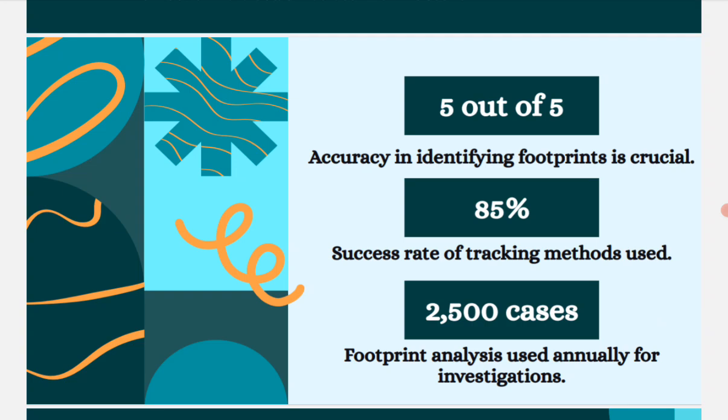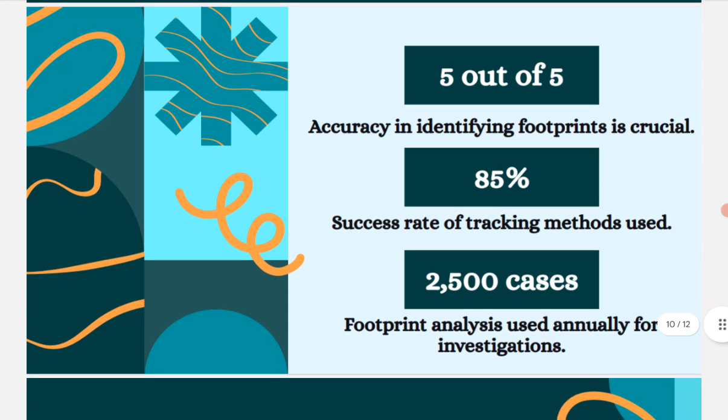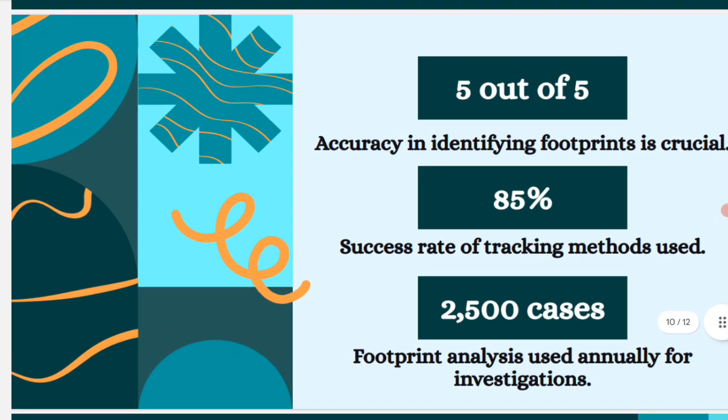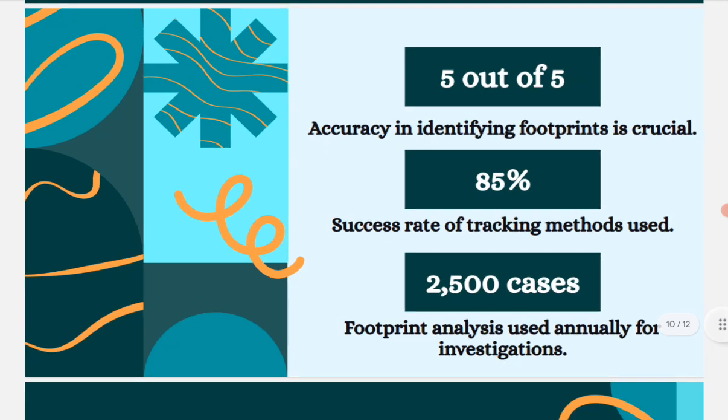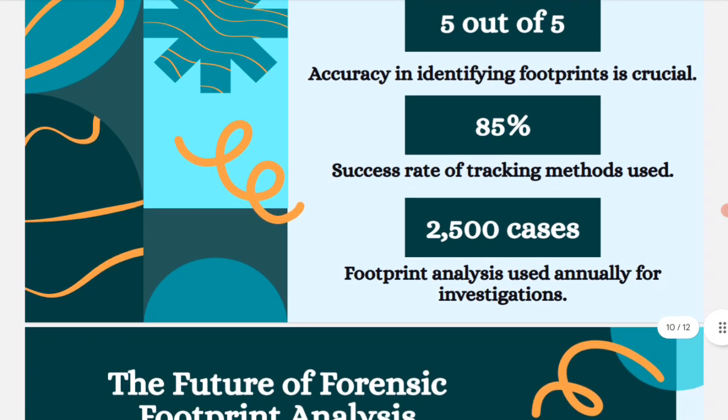The tracking technique shows an 85% success rate, and every year thousands of cases rely on footprint analysis as key evidence. So here we can say footprint analysis plays a crucial role in solving any investigation.